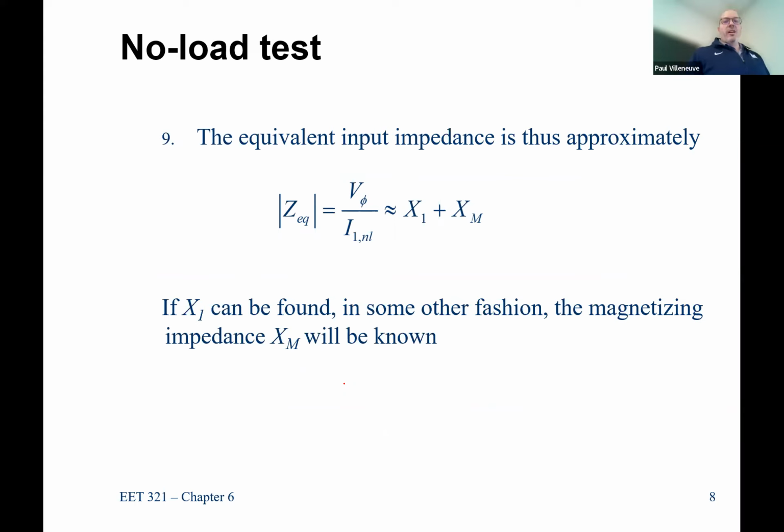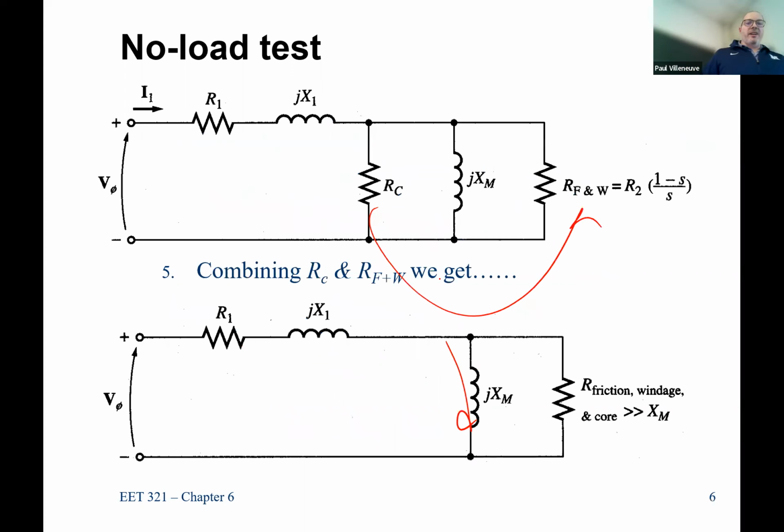So what I have is my magnitude of my input under my no load conditions is essentially going to be equal to X1 plus XM, because XM is going to be so much larger than R1, and X1 is going to be large enough that I can neglect that value.